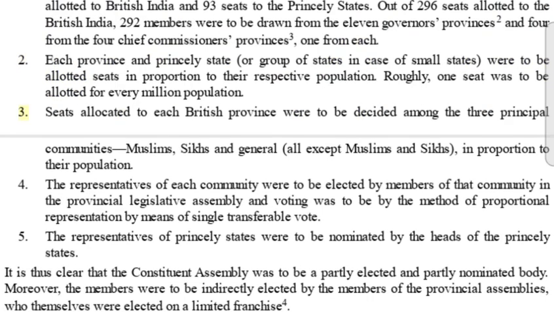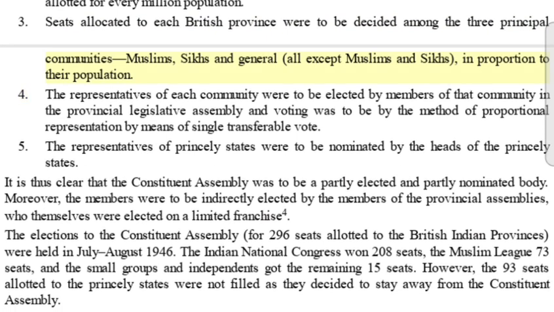2. Each province and princely state, or group of states in case of small states, was to be allotted seats in proportion to their respective population. Roughly, 1 seat was to be allotted for every million population. 3. Seats allocated to each British province were to be decided among the 3 principal communities: Muslims, Sikhs, and general, all except Muslims and Sikhs, in proportion to their population.